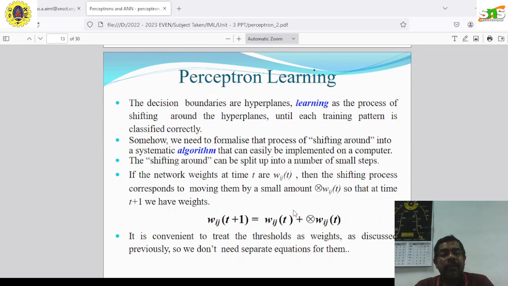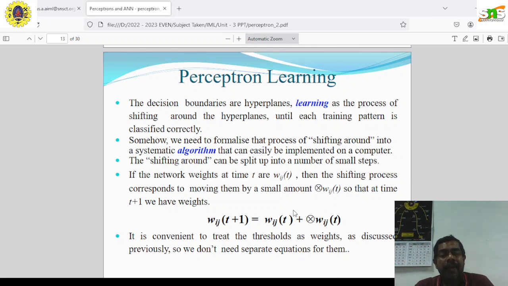Now, if the network weights at time t are wij(t), then the shifting process corresponds to moving them by a small amount Δwij(t), so that at time t+1 we have the new weights.